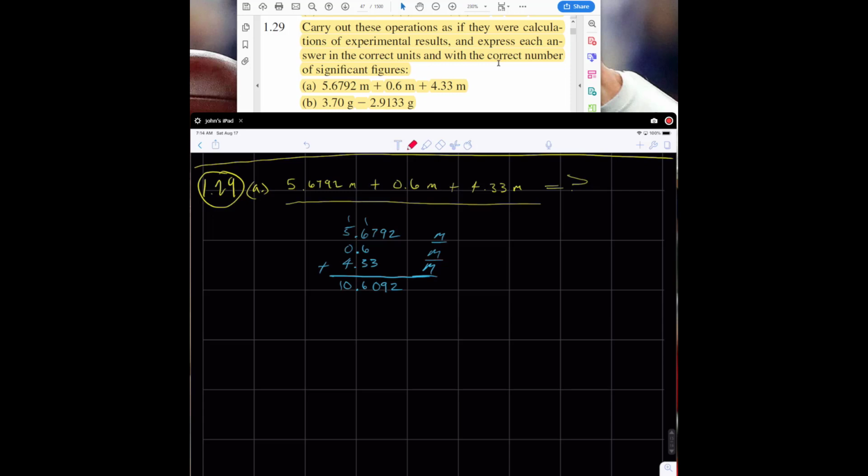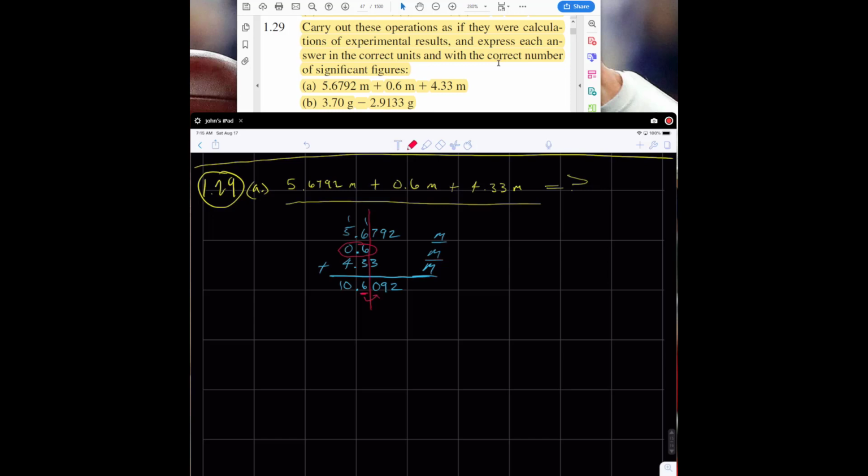And one thing that we need to note is the number that has the least amount of sig figs after the decimal point, which is this 0.6. That's going to be the most important number here, because we're going to base our sig figs off of that number. So what that means is we stop here at the 6 and we look at the neighbor to the right, which is a 0.